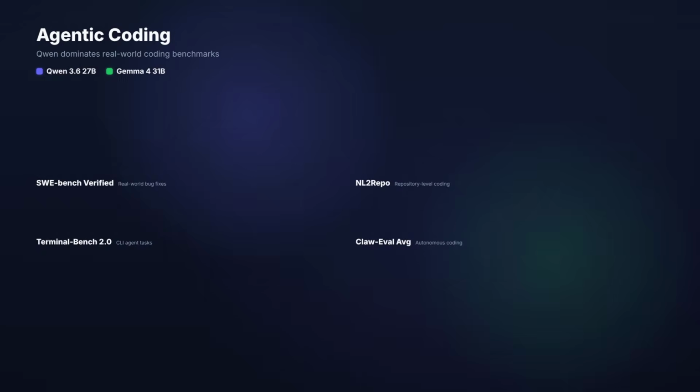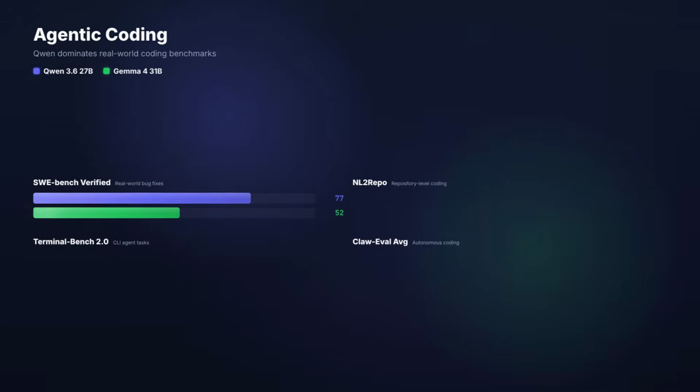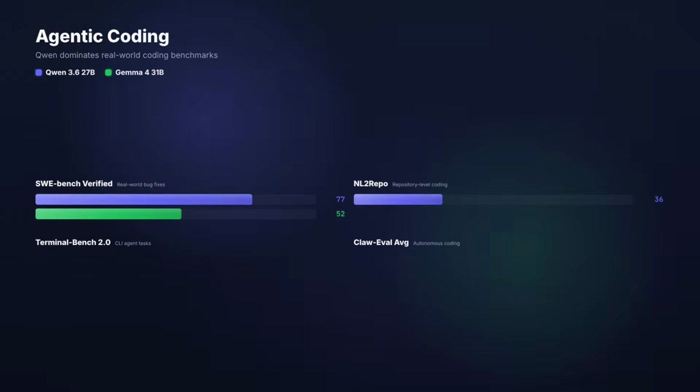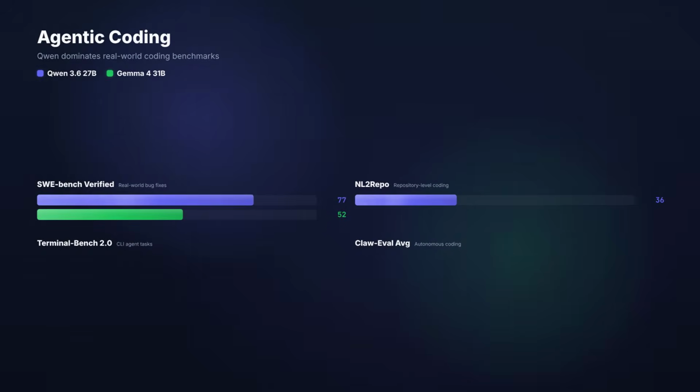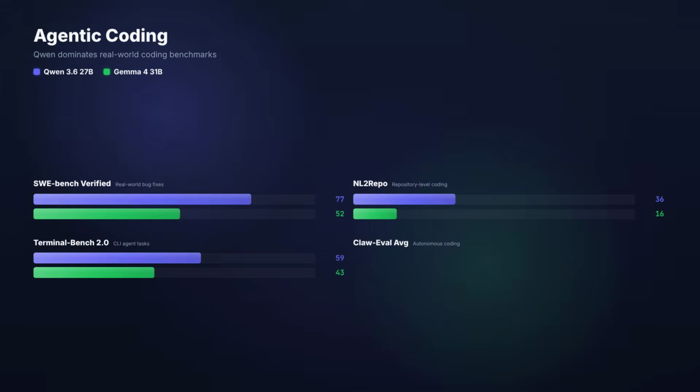Let's talk capabilities. We pulled intelligence scores from the official Hugging Face model cards. Starting with agentic coding, the gap is enormous. Qwen hits 77.2 on SWE-bench Verified, within striking distance of Claude 4.5 Opus, a frontier model that costs orders of magnitude more.